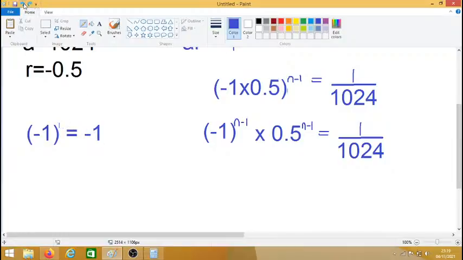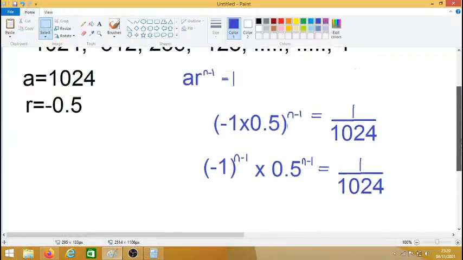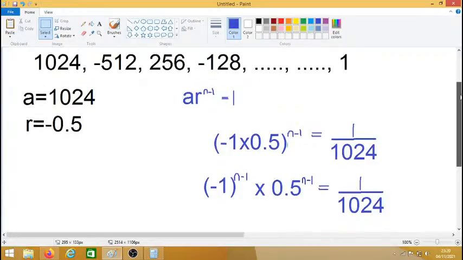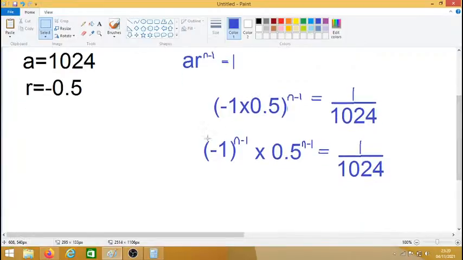And if I carry on like that, if I raise it to the power 3, then I'll end up with minus 1. So it'll either be minus 1 or 1. And because we're looking at the number 1 being the answer, and that's positive, then even though I don't know what n is, I know that minus 1 raised to some power is going to end up as a positive 1, so I can just delete that.